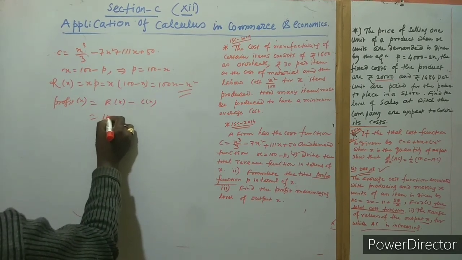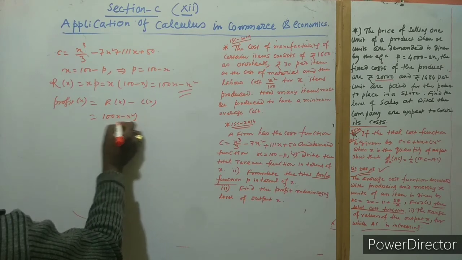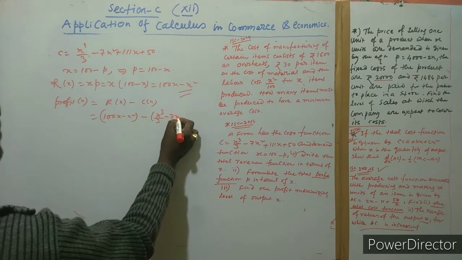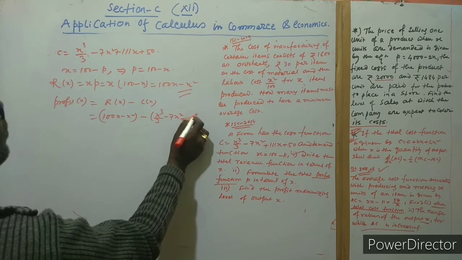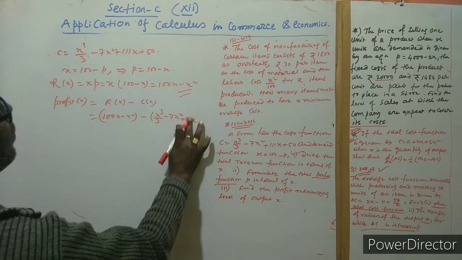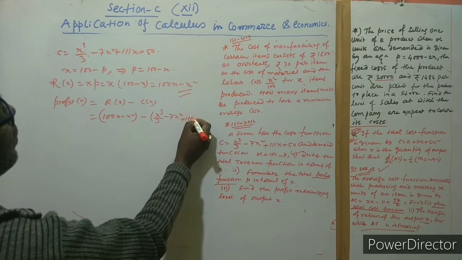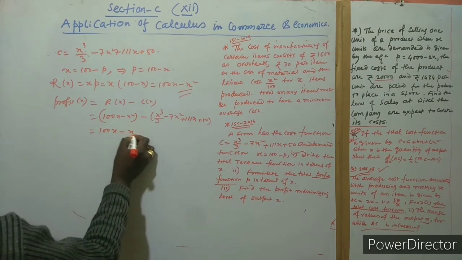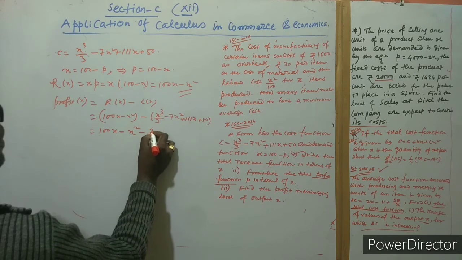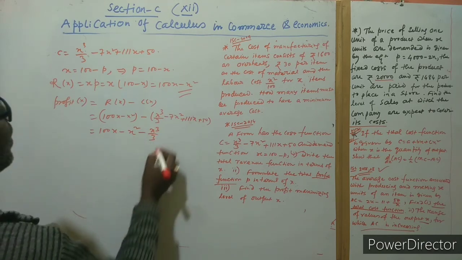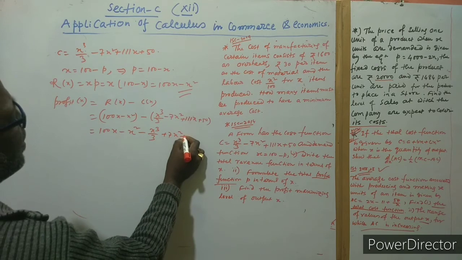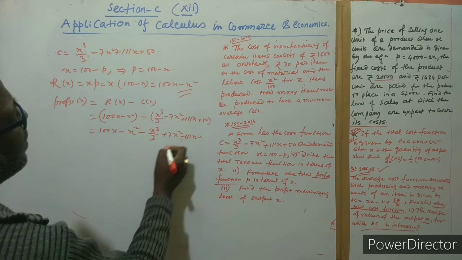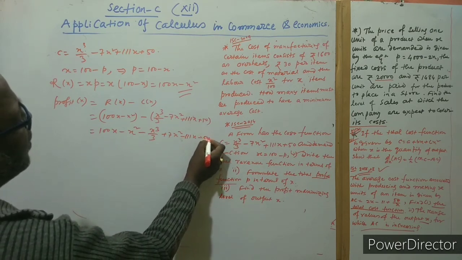Revenue function is 100x minus x square, and the cost function is x cube by 3 minus 7x square plus 111x plus 50.